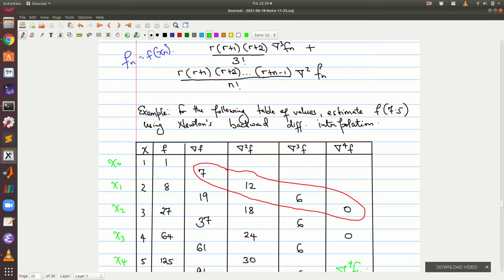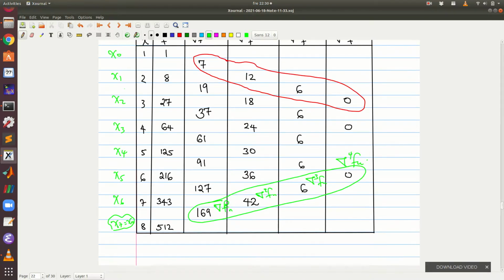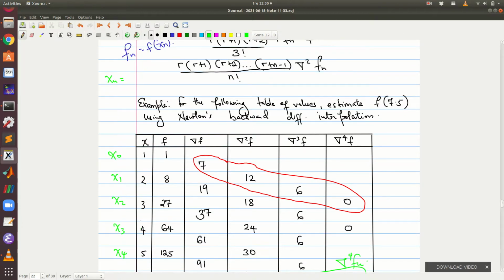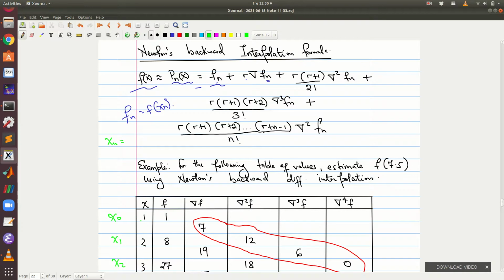We would set our values for xn. Here xn is the point x equals 8.0. Our x value is 7.5. We want to determine f of x, where x is 7.5.